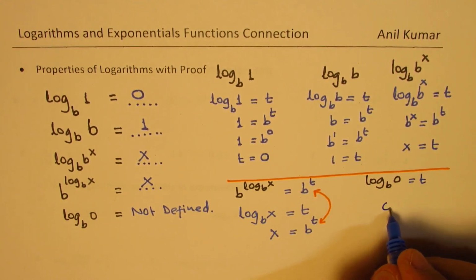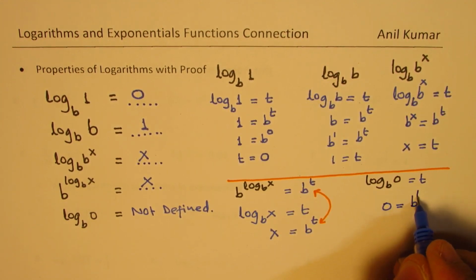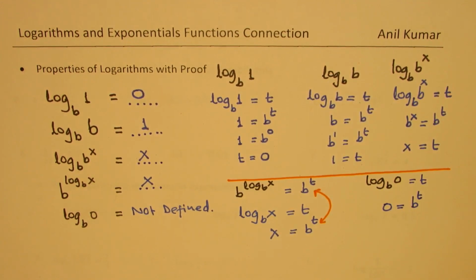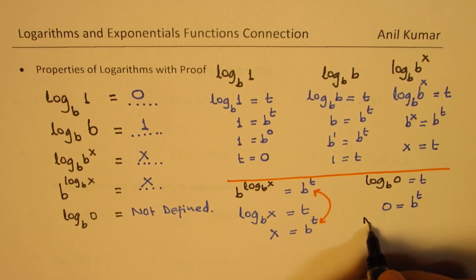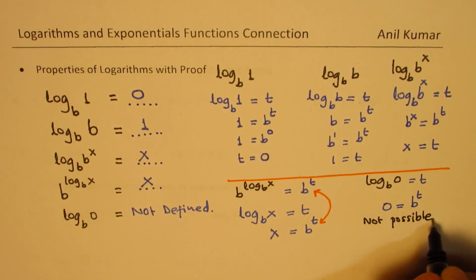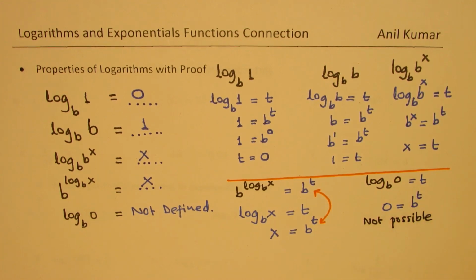Then that means 0 is equal to b to the power of t. Well, exponential functions are greater than 0, so that is not possible. Since exponential functions, their range is greater than 0. They're never 0. It's a horizontal asymptote for them. And therefore, this is not defined. Is that clear to you?